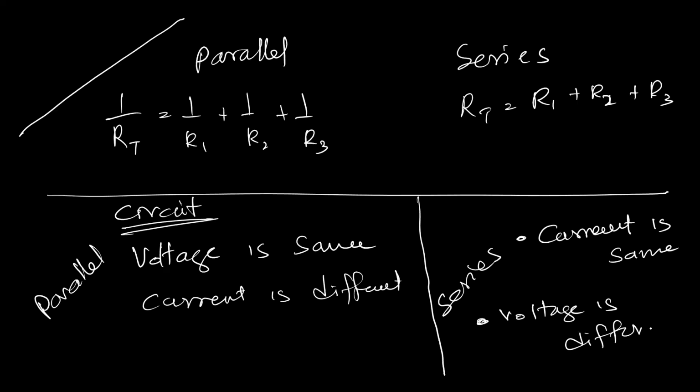If you are 100% clear about this, my last two paper classes are successful. And also, without any fear, use V equals IR. If you want to use it for the total circuit, just mention total and use it. Don't get scared.